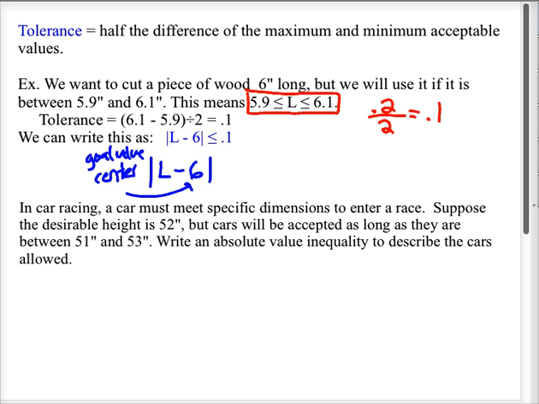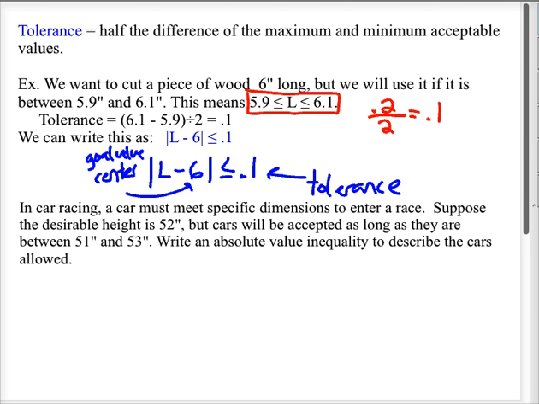But how much can it differ? Well, we will be willing to accept it if that difference is less than 0.1. We're willing to accept that difference to be less than the tolerance. In all of these situations, and yes, there will be a couple on the practice sheet you'll be getting, the goal is for you to be able to construct this: the variable minus the center, minus the goal, in absolute value, is less than the tolerance you are allowing.